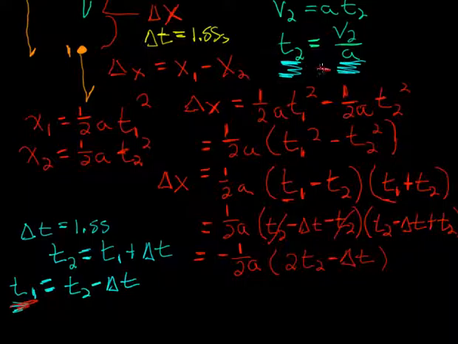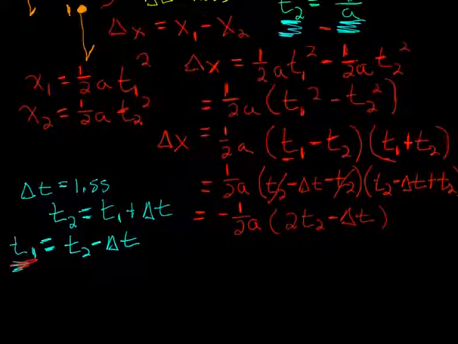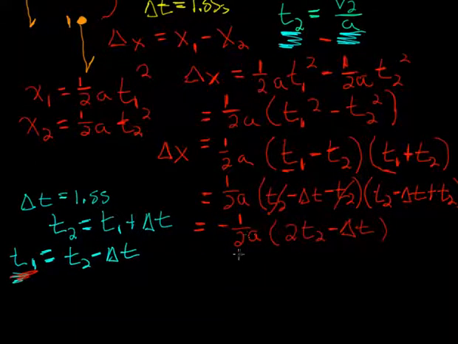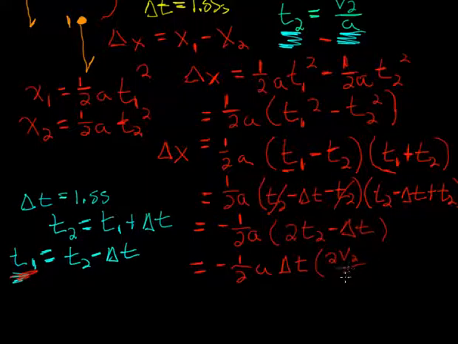Taking my definition of T2 up here, I can substitute that in. So I get negative 1/2 A delta T times 2 V2 over A, there's my substitution, minus delta T. And so this velocity of stone 2 gives us the information we need to completely solve the problem.